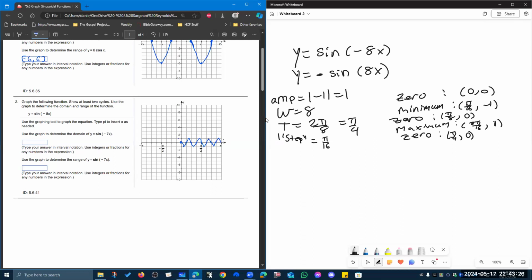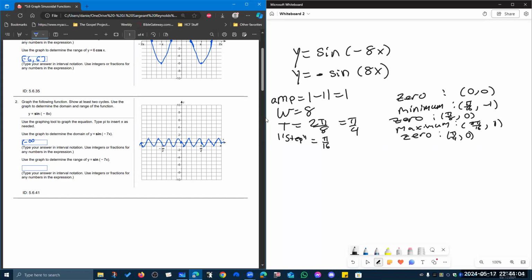And then maximum, 0, minimum, 0, and so on. It's going to look like that and connect, and it's just going to go on forever and ever in both directions.